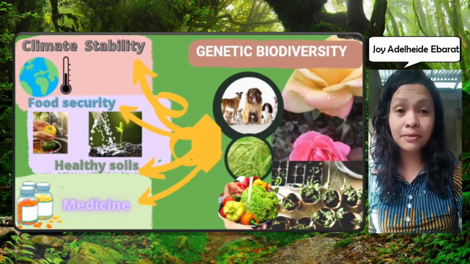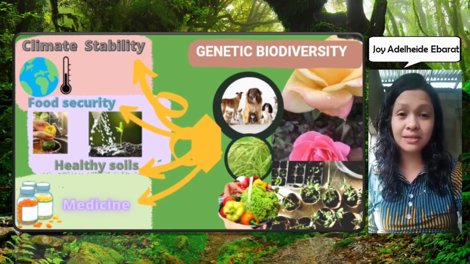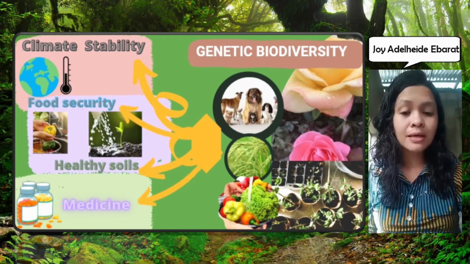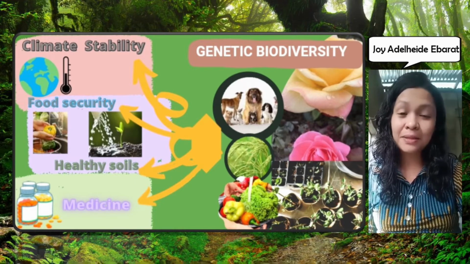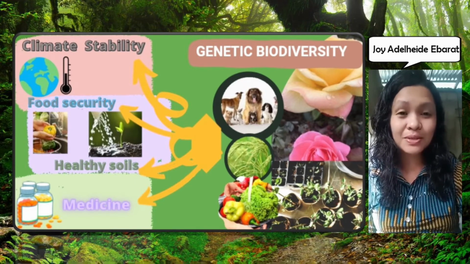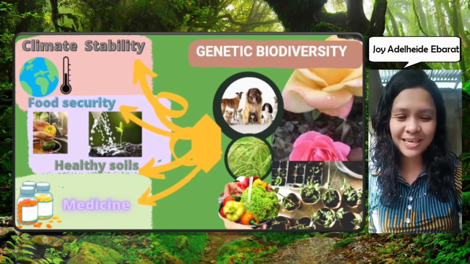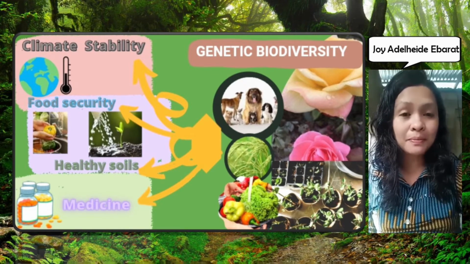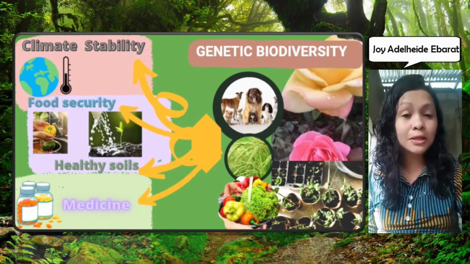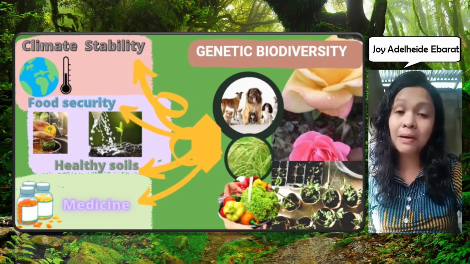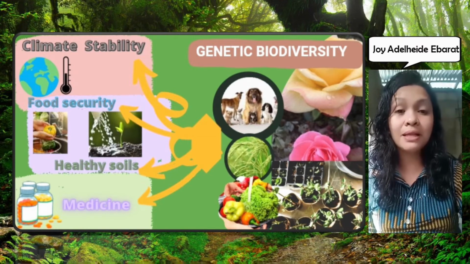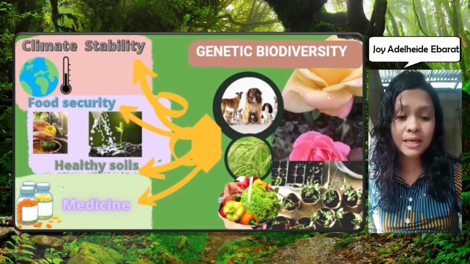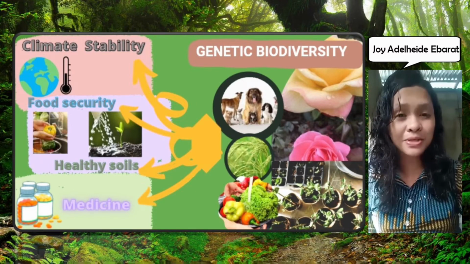Okay, let us now proceed to how genetic biodiversity preserves the ecological system. Genetic biodiversity is the biological variation that occurs within species. It makes it possible for species to adapt when the environment changes. So, genetic diversity is particularly important under rapid environmental changes. It helps preserve the ecological system as it strengthens the ability of species and populations to resist diseases, pests, changes in climate, and other stresses.